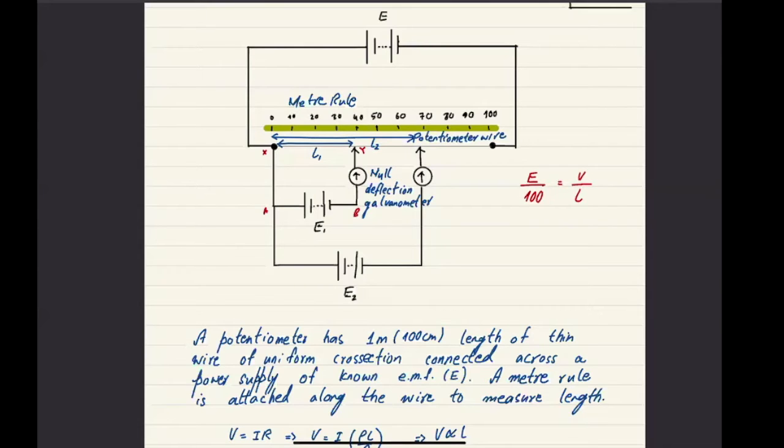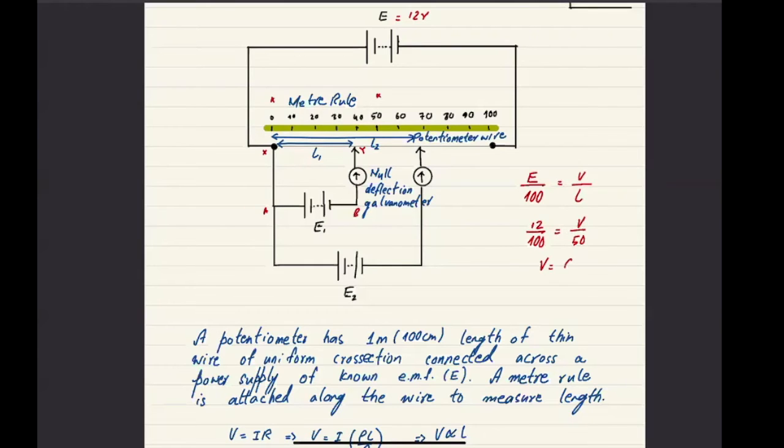Which means if I know that the entire 100 centimeter has an EMF E, I put that value over here. So for any amount of length, I can get the voltage across it. Let's assume that I give you the value of EMF as 12 volts, and I ask, what's the voltage between the 0 and 50 centimeter mark? You would say 12 upon 100 equals V upon 50.